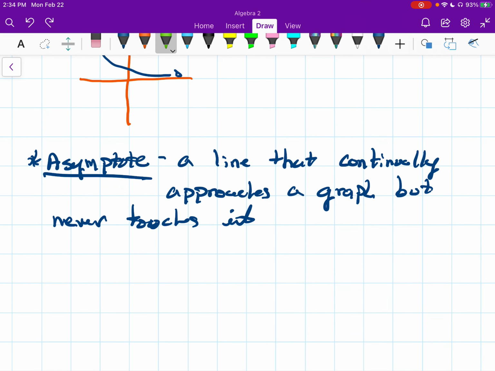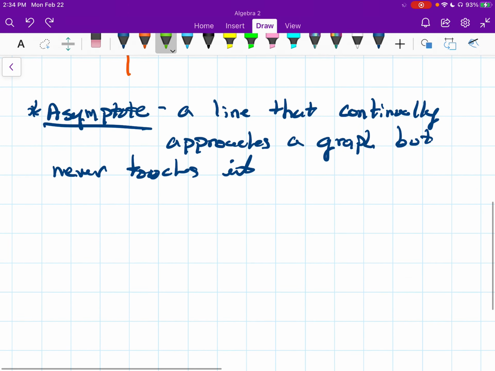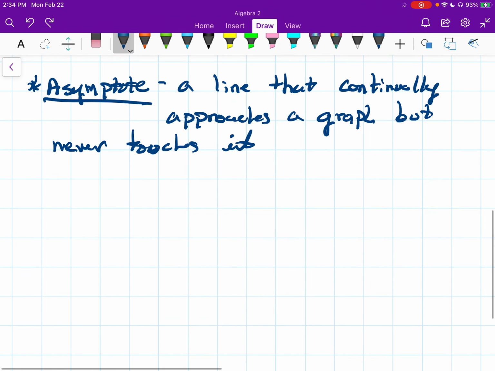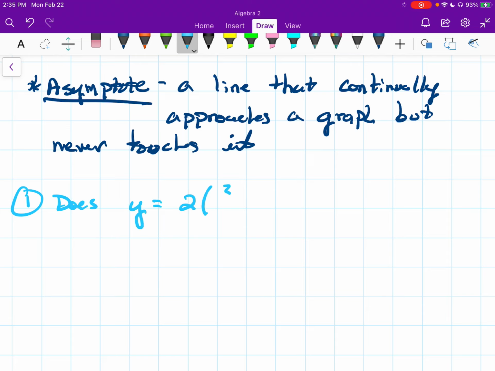So let's look at an example. Example number 1: does y equals 2 times 3/4 to the x model growth or decay?